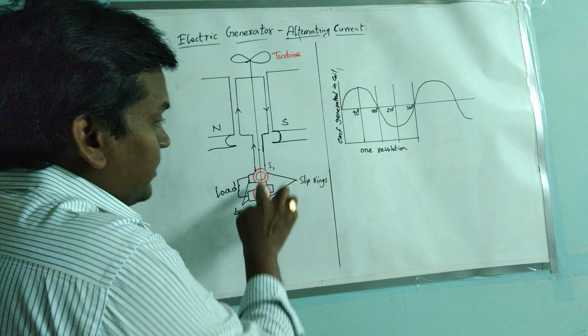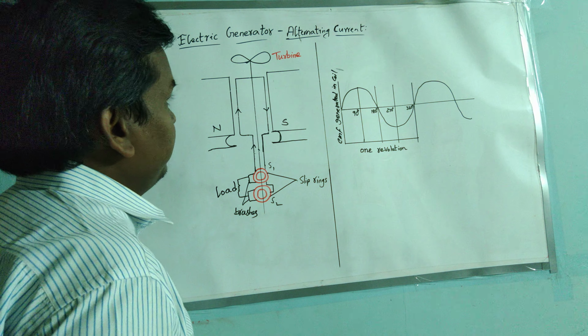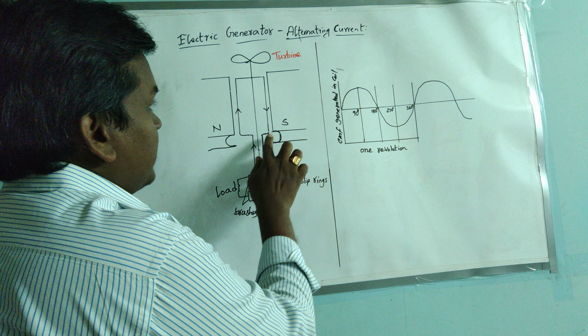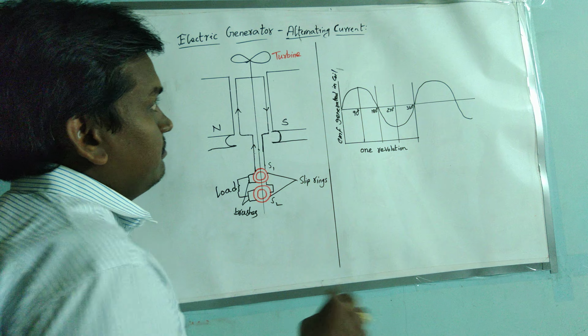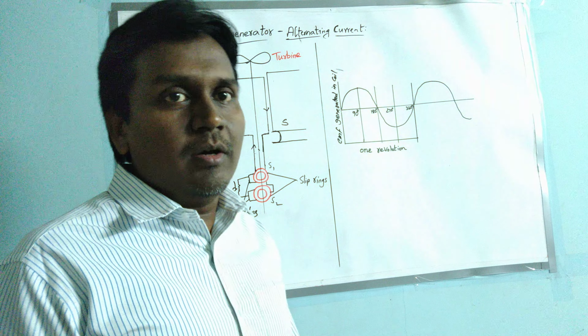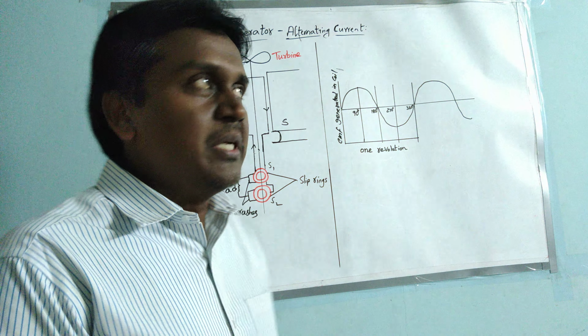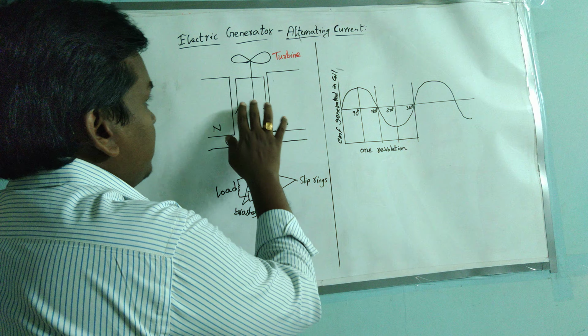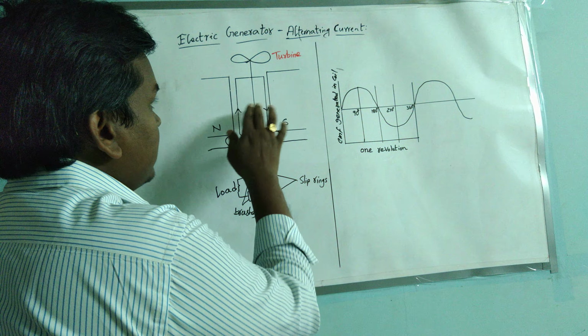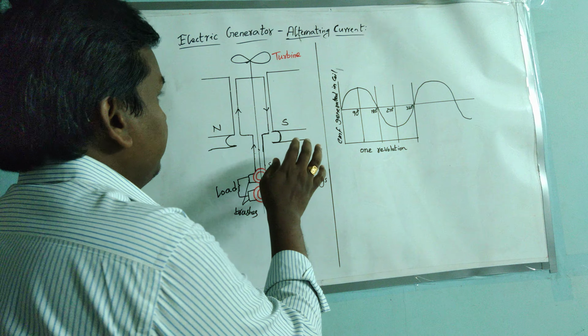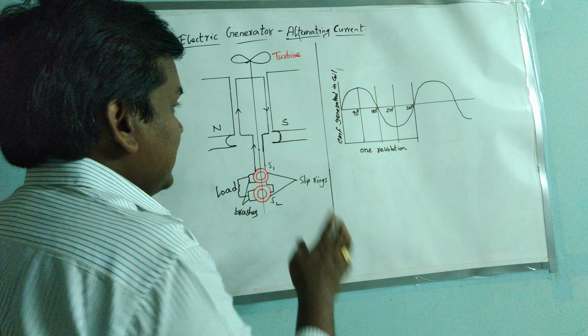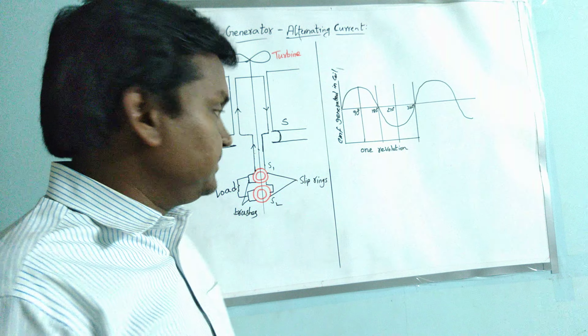The two slip rings also will be in this axis only, and this armature will rotate mechanically or manually or by any means like water or any other means. So due to its rotation, the armature is rotating in a uniform magnetic field. So by that electricity is generated.